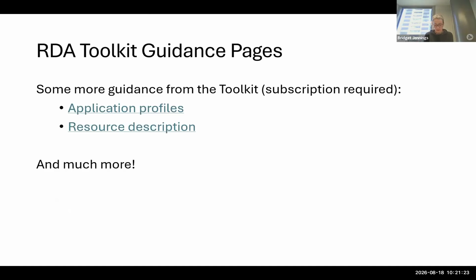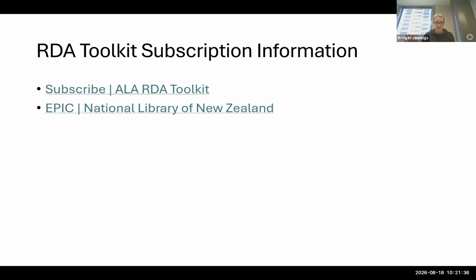The resource description page, the table of contents on this page here is a useful jumping off point for multiple guidance pages on describing resources. And again, just the links for subscription information for the RDA Toolkit, either via the RDA Toolkit website directly or as part of your EPIC subscription via the National Library.